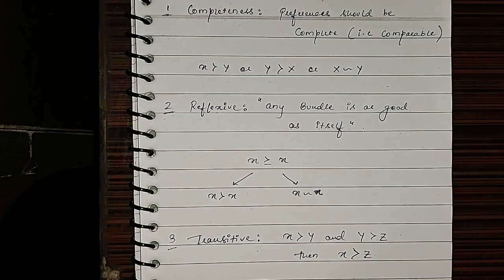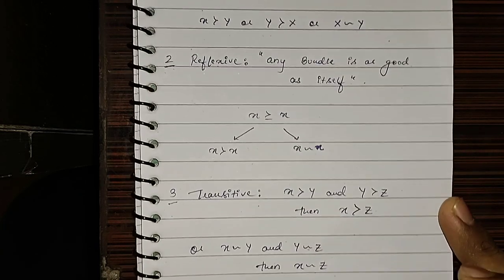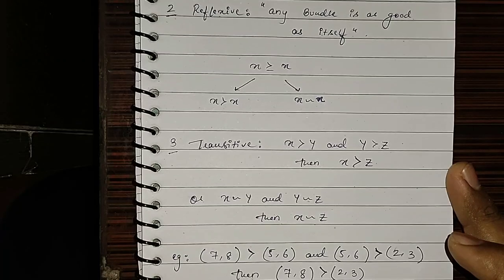So this was reflexive. Now the third is transitive, which can be considered the most important axiom.